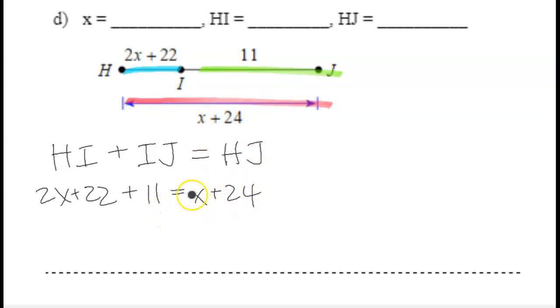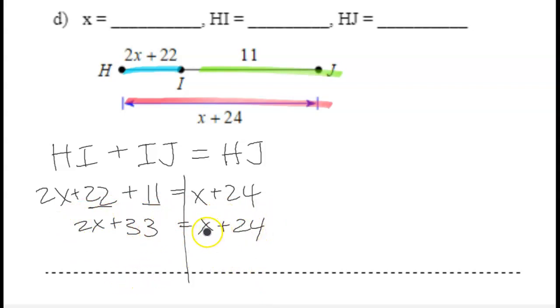Alright, here we have again our variables on both sides. First, we want to look at each side and simplify as much as we can. I do notice that I have constants here that can be combined together. So 2x plus 33 equals x plus 24. Right, everything's combined on each side, variable, constant, variable, constant.